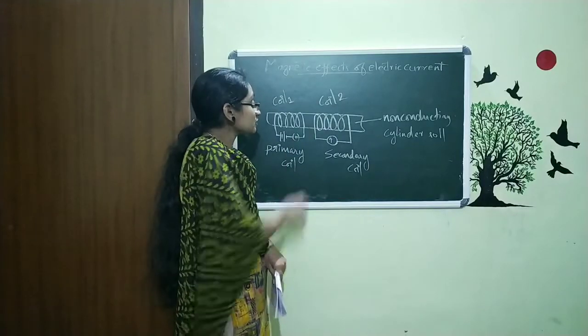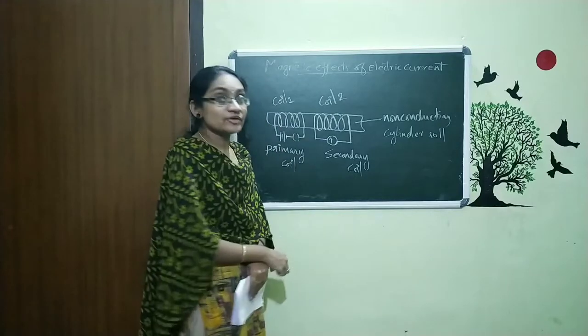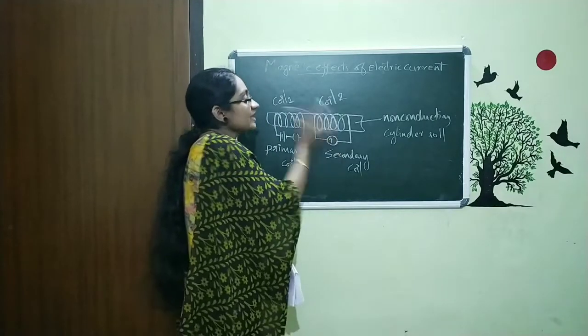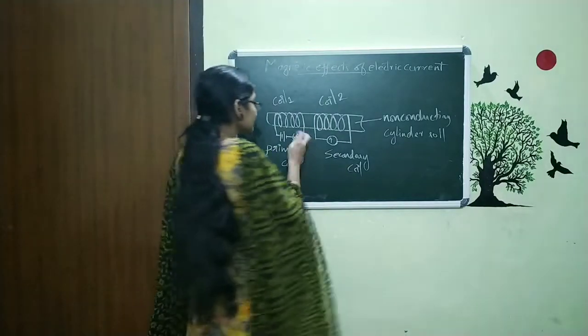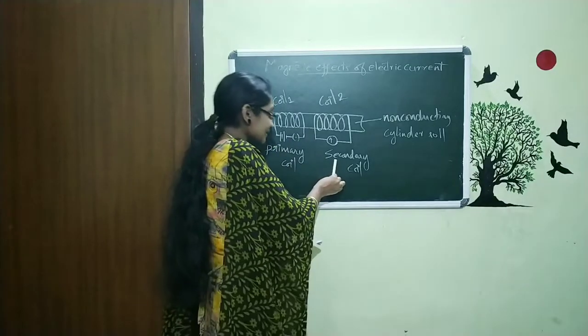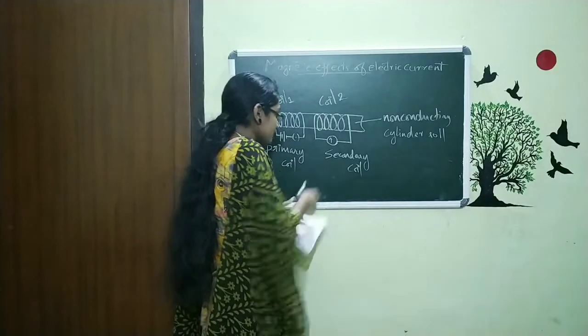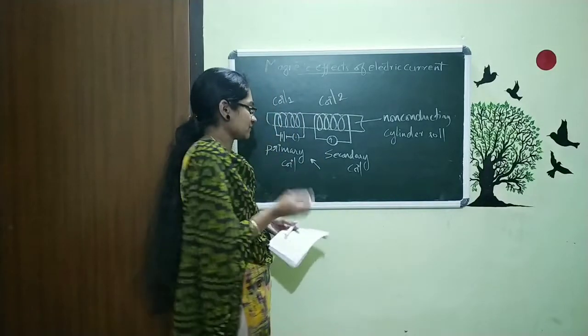Now I am going to turn this off. That means I am opening the key. Again, you can see a sudden variation in this galvanometer. For example, when I first close the key, this galvanometer needle moves to the left, we are just supposing.